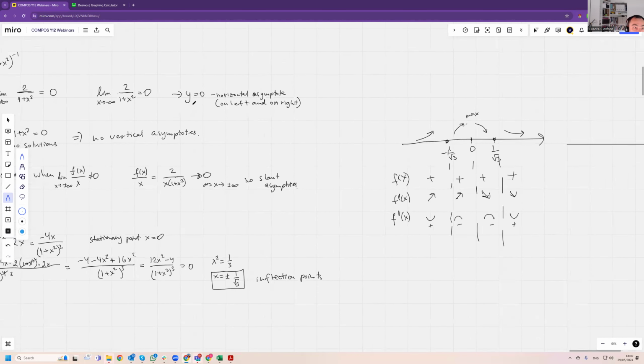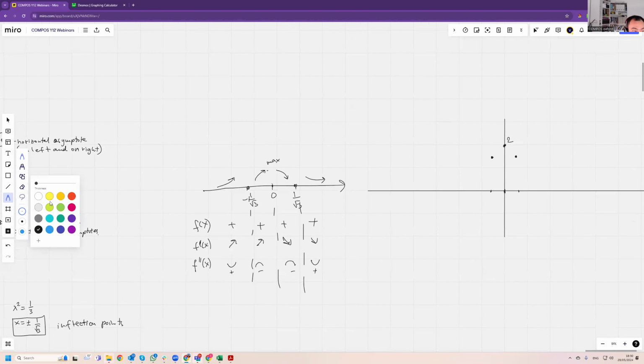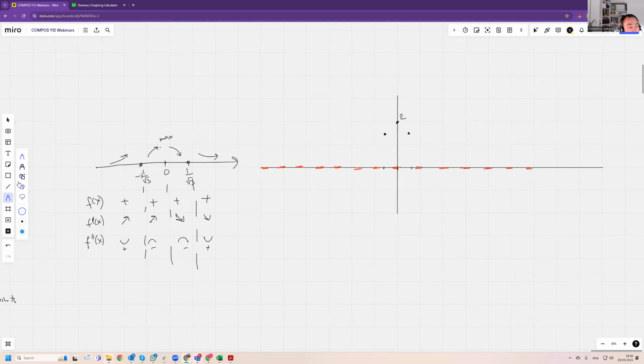We found the asymptote and it said y equals 0. It's an asymptote on the left and on the right. That's important to remember because you can have a different asymptote on the left and on the right. Okay. And y equals 0, that's your asymptote. And now just draw.